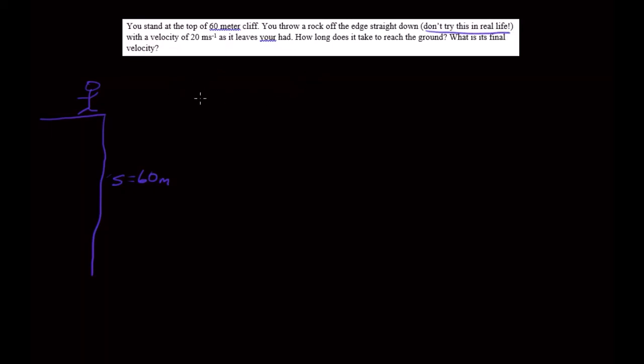With a velocity of 20 meters per second. So we have an initial velocity of 20 meters per second, acceleration negative 9.81 meters per second squared, and our S distance is 60 meters.